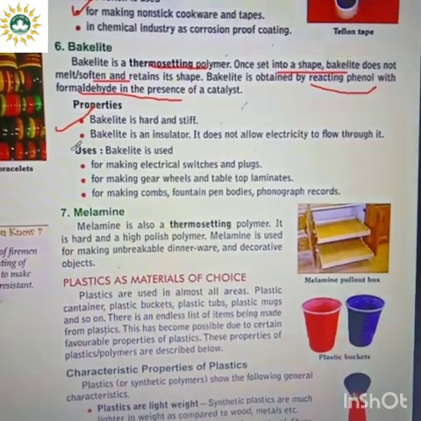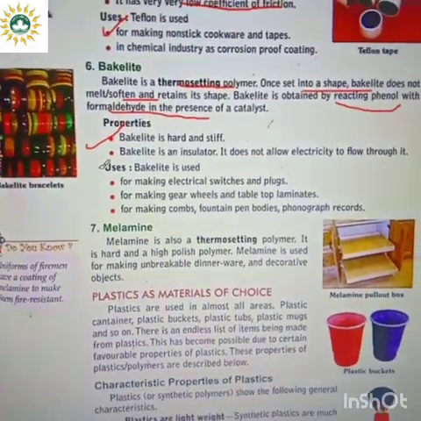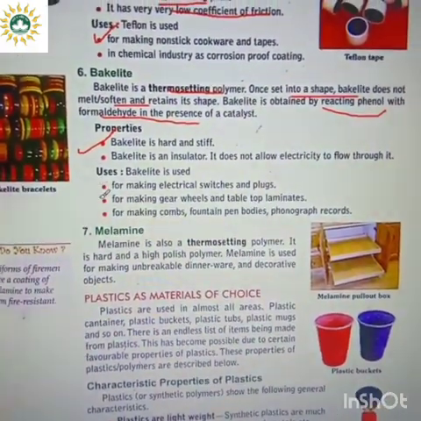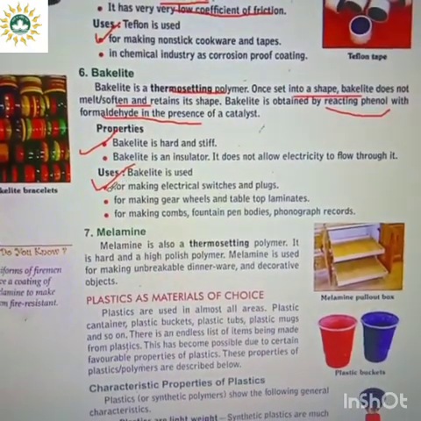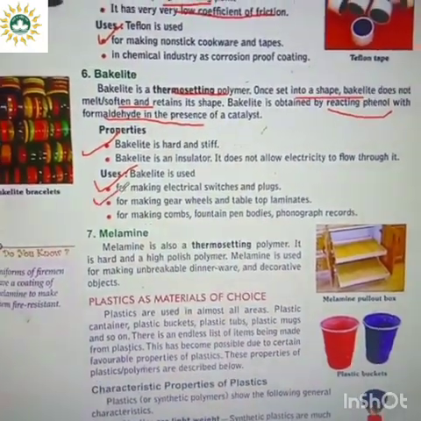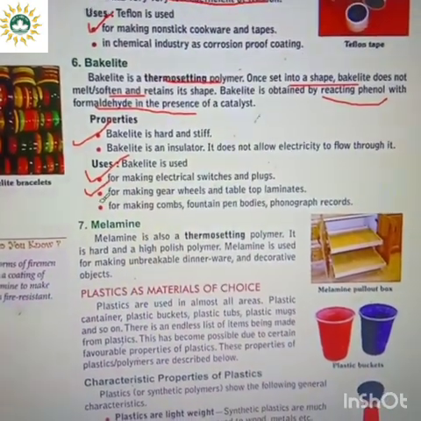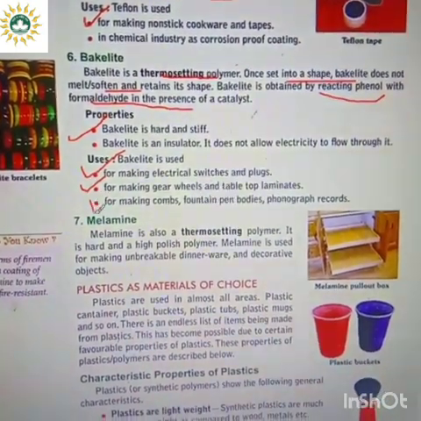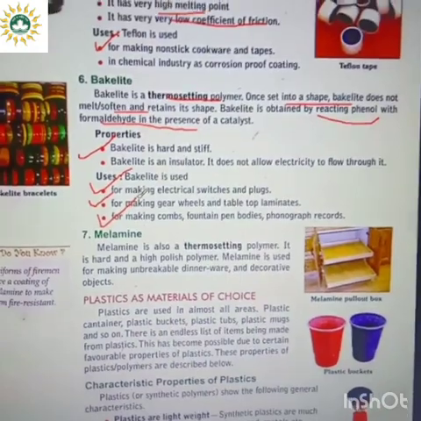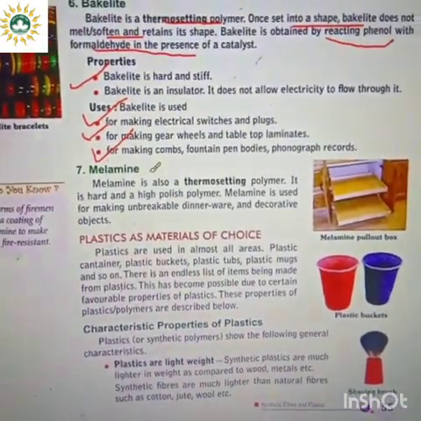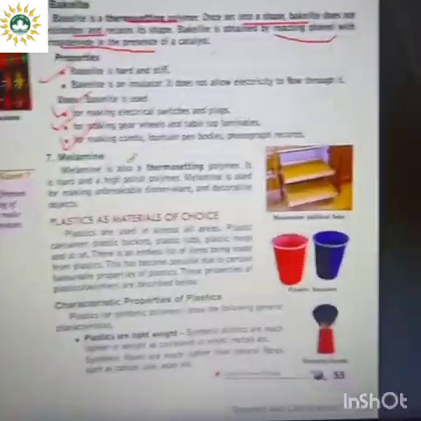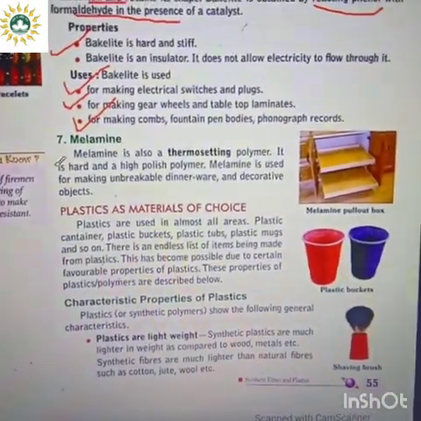Okay, what are the uses? Bakelite is used for making electrical switches and plugs at our homes, right? For making gear wheels and tabletop laminate, also for making combs, fountain pen bodies, phonograph records. So you can understand, they are hard and stiff. So those are bakelite. And the last thermosetting polymer or example of synthetic plastic is melamine.